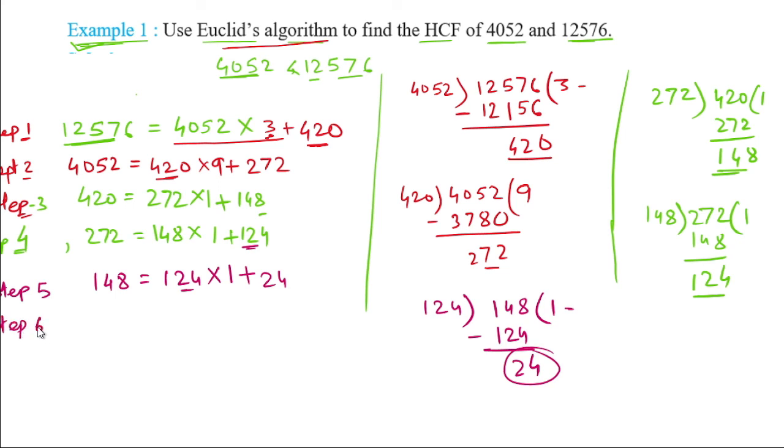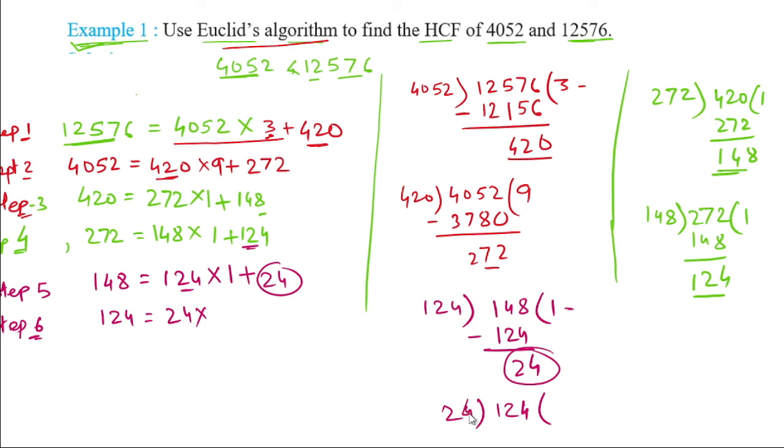Step 6. Now we'll have dividend as 124 is equal to, we have the divisor 24. Now multiplying 24 and 124. 25 5s are 125.